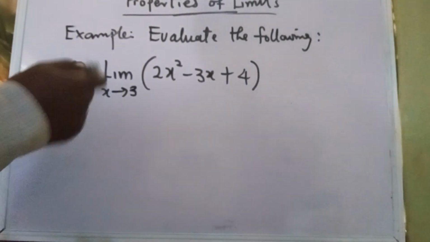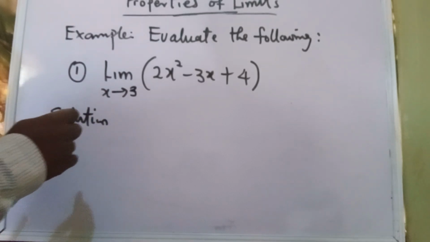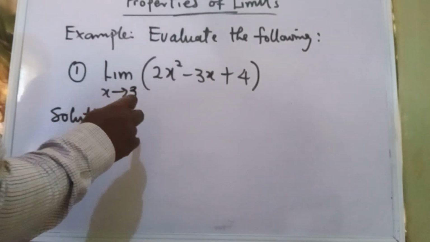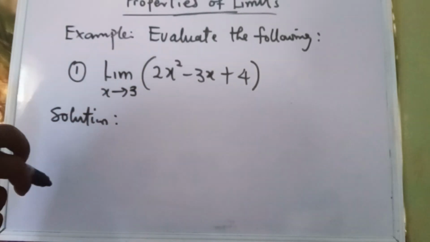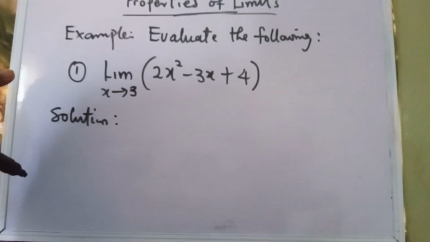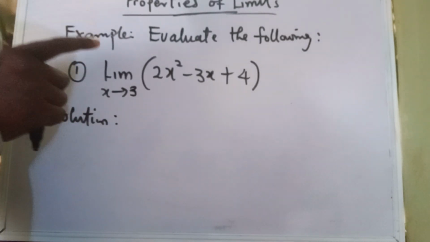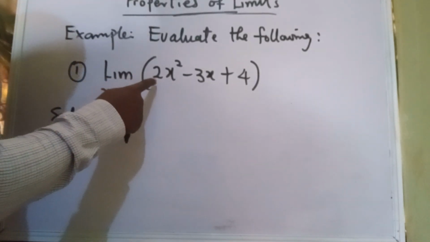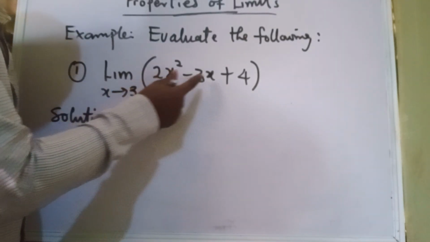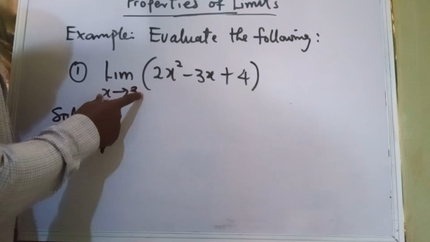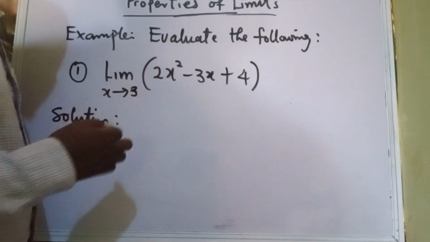So solution. Here we are given this. The first thing to do here is to apply the first law, that's the sum and difference law, which says that when we have a function of this form, where this is a function, this is another function, this is another function, this limit will be applied on each of the functions as follows.